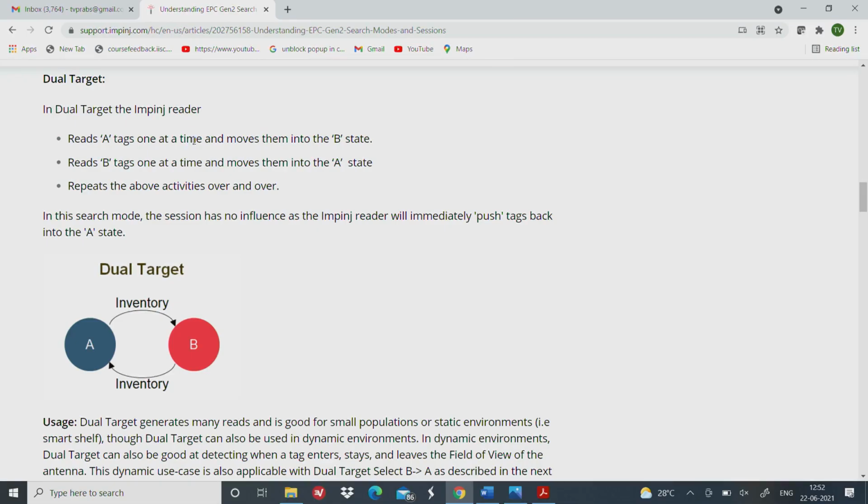It reads A tags one at a time and moves them to B state, then reads B tags one at a time and moves them back to A state, then repeats the above activities over and over again. So you are taking tags from A to B, and then taking tags which are in the B state, getting them back to A state and reading them again. You can see this cycle goes on and on, this is called dual target.